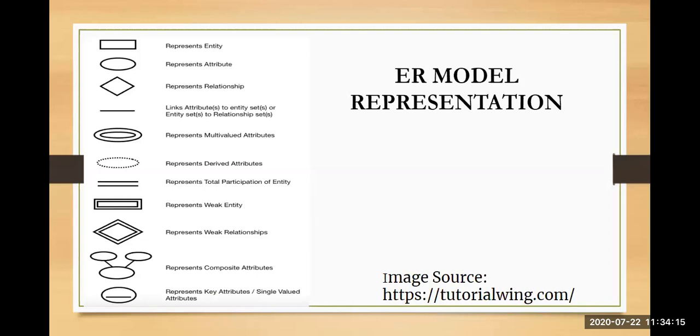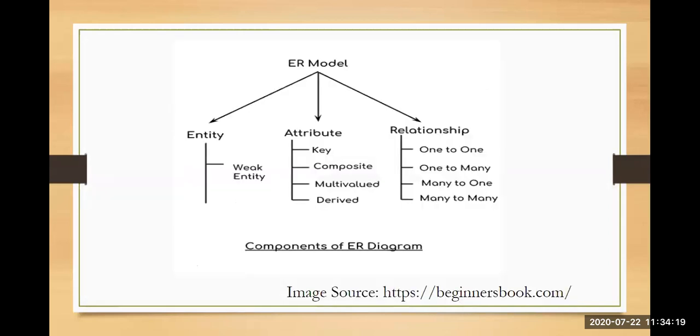Next, when we move to the ER model, it is divided into 3 parts. First is your entity. Second is your attribute. And third is your relationship. Whenever I talk about entity, it refers to weak entity and strong entity.